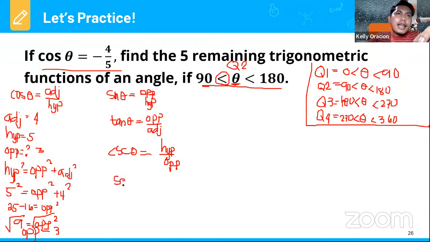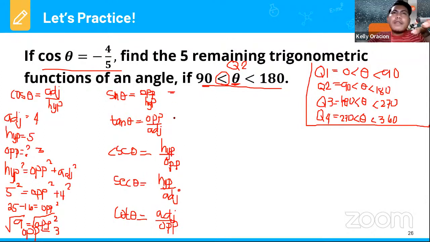Then secant theta is hypotenuse over adjacent. And lastly, cot theta is adjacent over opposite. Sorry. So we already have the values of opposite, adjacent, and hypotenuse.